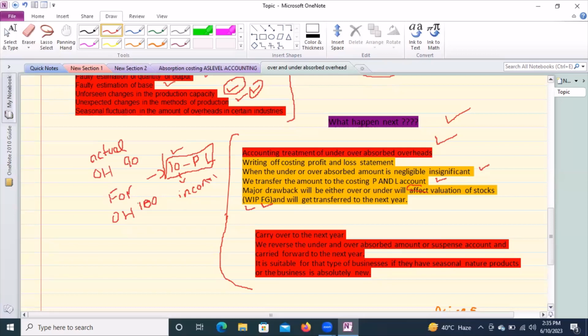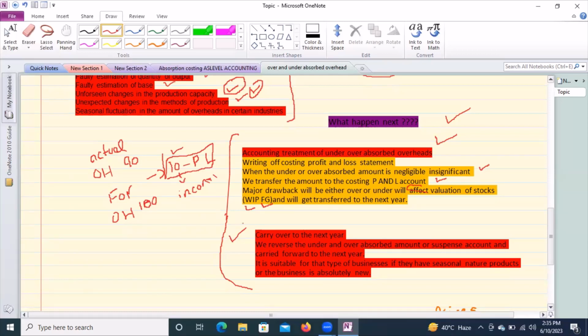The second method to treat this is to carry over the under or over absorbed overheads amount to the next year. Maybe we make a suspense account, reverse the under and over absorbed amount and carry it forward to the next year. But this is only suitable for businesses with seasonal products, or if the business is absolutely new.